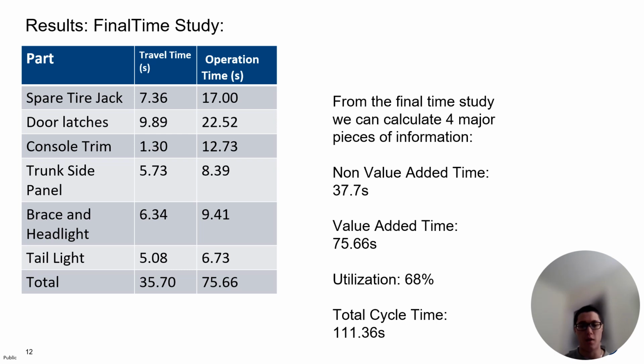But everything came out to where we got a non-value added time of 37.7 seconds and a value added time of 75.66 seconds, which was pretty good compared to the 150 seconds overall, and a slightly better utilization rate.